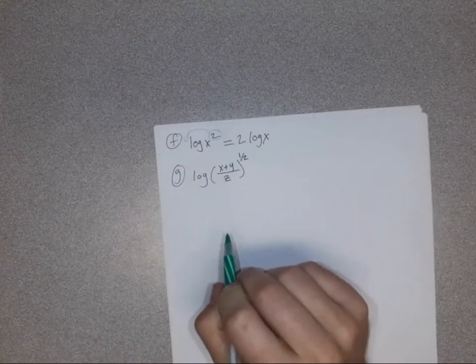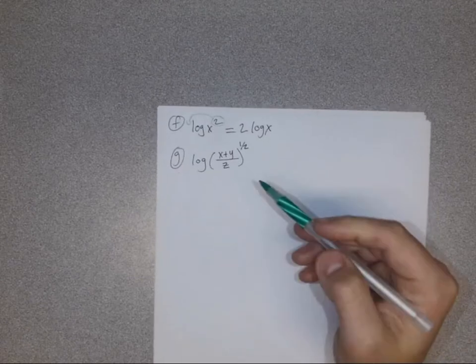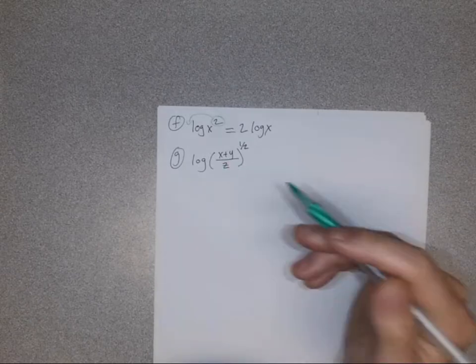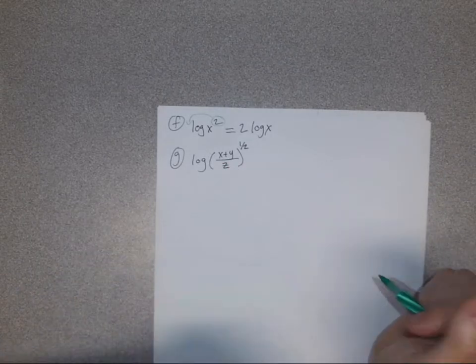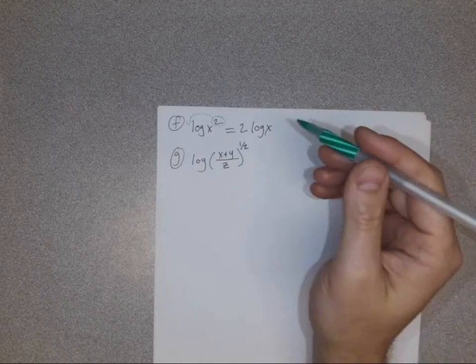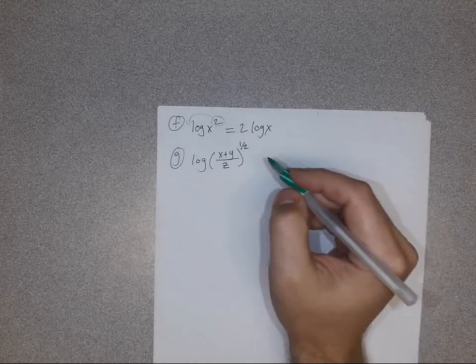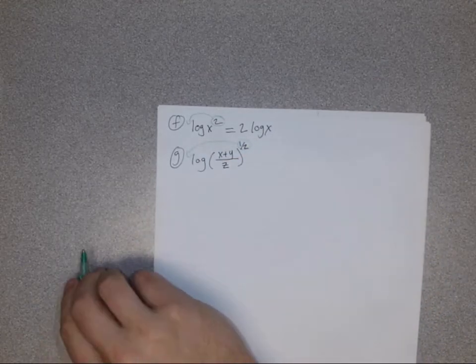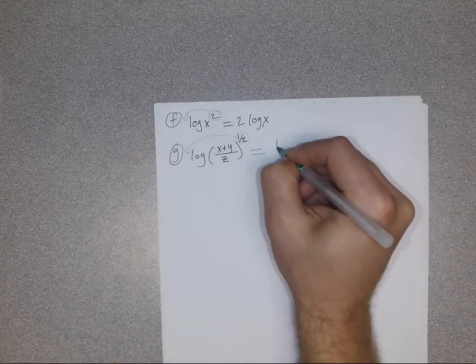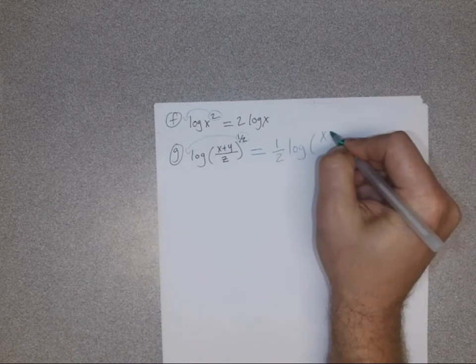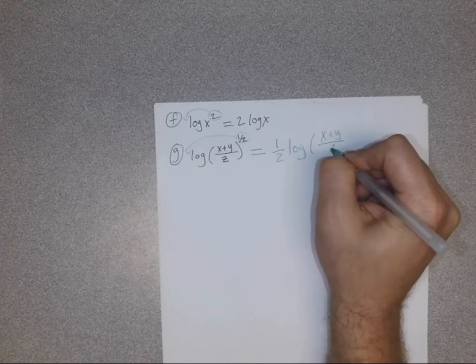We can't use a quotient or anything here. Typically when you work these, it will be power rule and then quotient, and then if there's any multiplication, you can break them apart. Now, it's not 100% on every problem. You gotta evaluate on a case-by-case basis. But here, we're going to do the power rule first. We have to bring this 1/2 to the front, and now we're multiplying. So this is equal to 1/2 log of x plus y over z.